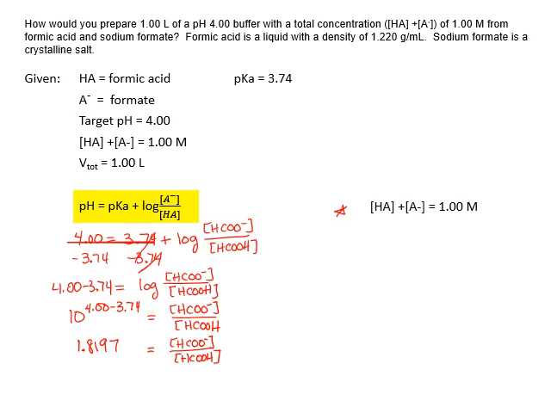I'm going to rearrange this equation here by multiplying both sides by the formic acid concentration. This gives me an equation in terms of the formate ion. And I'm going to plug that in with my buffer capacity equation. So I have the formic acid concentration, the HA, plus the A minus, but for A minus, I'm going to plug in this expression.